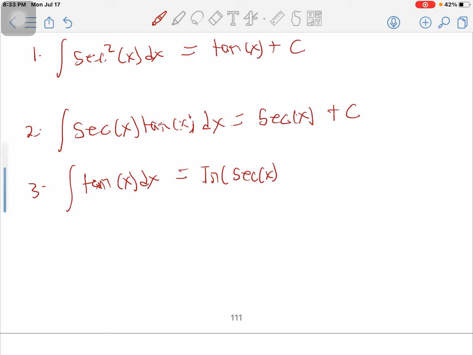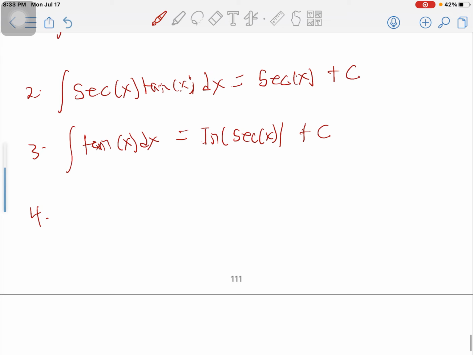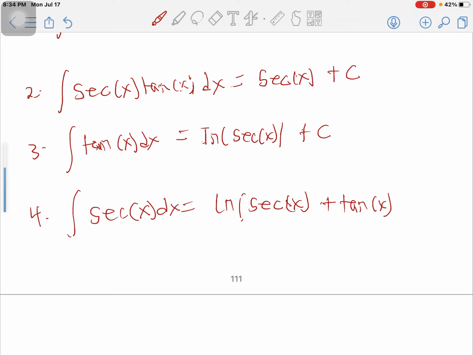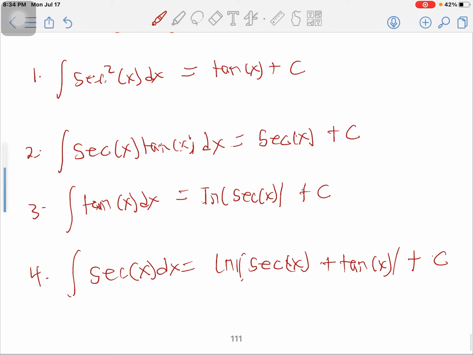The third one is the integral of tan x dx, which is equal to ln of the absolute value of sec x, plus c. The fourth one is the integral of sec x dx, which is equal to ln of the absolute value of sec x plus tan x, plus the arbitrary constant of integration, c.